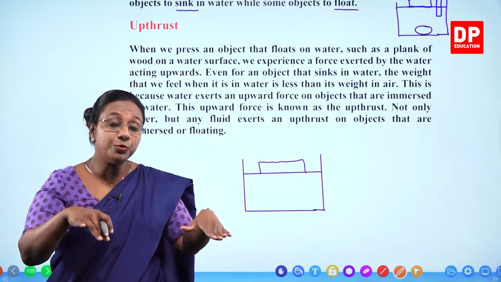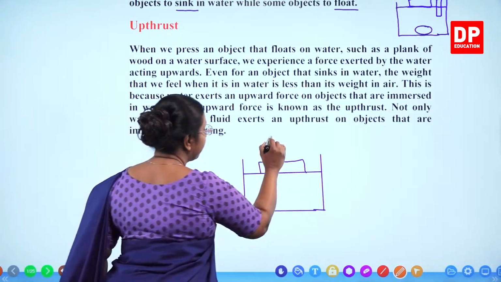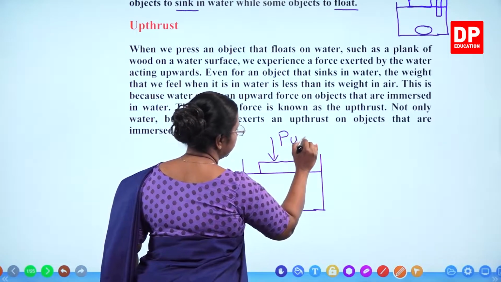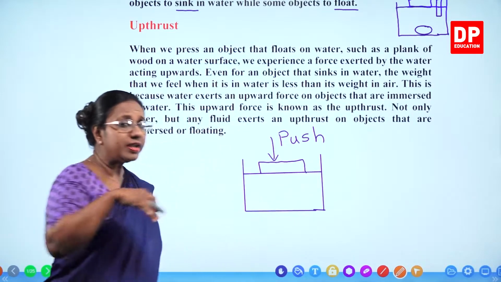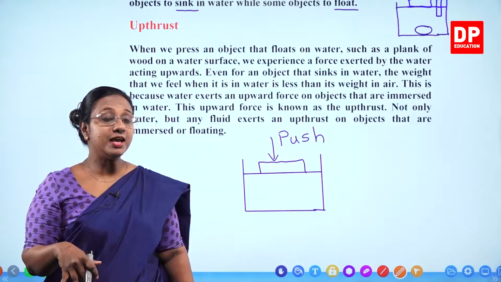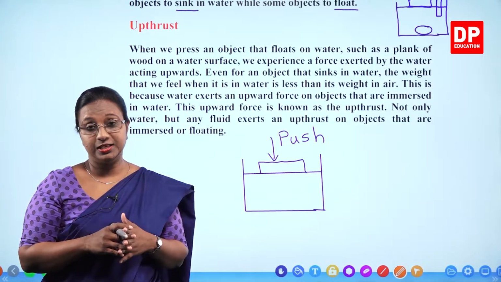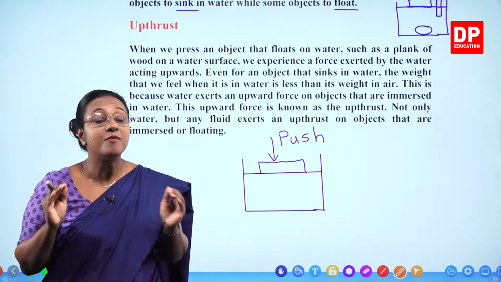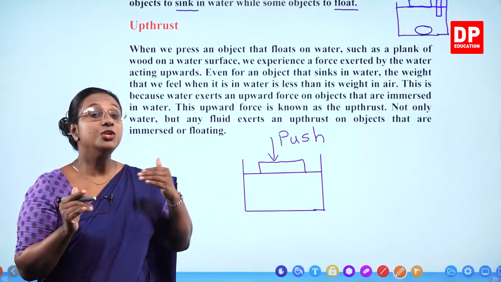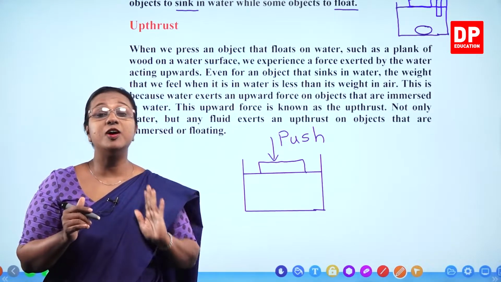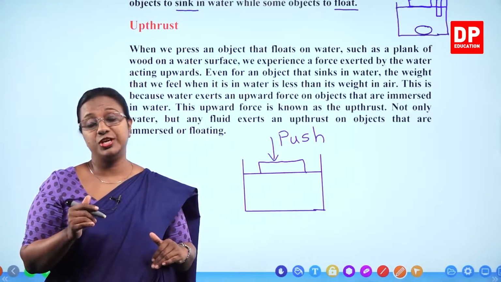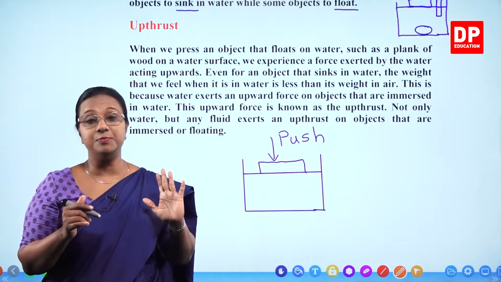If we apply a downward push, does it go in easily or is it difficult to push it in? It is usually somewhat difficult, or at least you will experience an upward force. You can't just easily push it down.